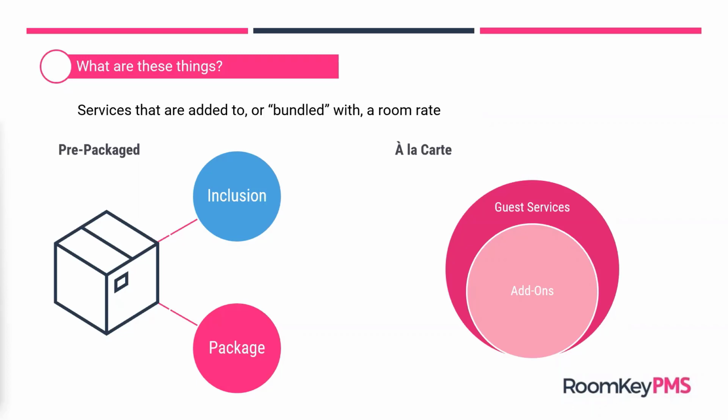They can choose a standard rate, maybe a best available rate or a discount rate like a AAA. And to that rate, they can add services that they prefer throughout their stay. So it could be parking. They could want to include breakfast for maybe 1 or 2 nights of their stay, but not have it for the remainder of their stay. Very customizable, that a la carte option there using guest services.